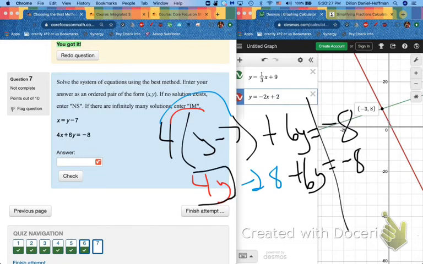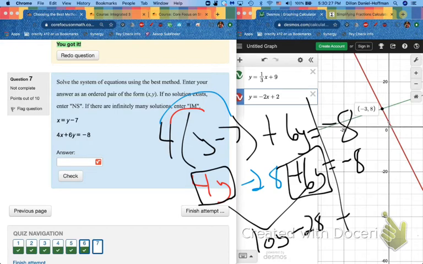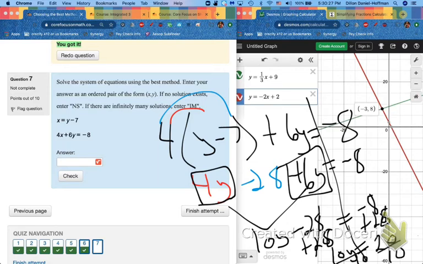So 4y and 6y make 10y minus 28 is equal to negative 8. We add 28 to both sides. Do a little sad me. 10y is 20. 20 divided by 10.